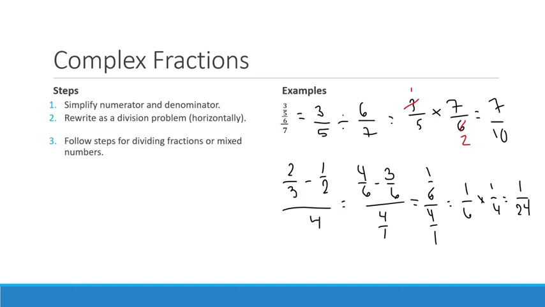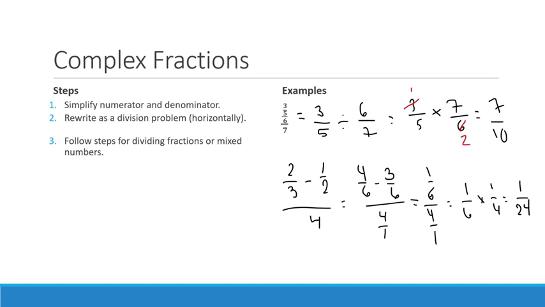Another example is when we have addition or subtraction in either the numerator, the denominator, or both. In this case, we want to simplify our numerator first before we do the division. 2/3 minus 1/2.